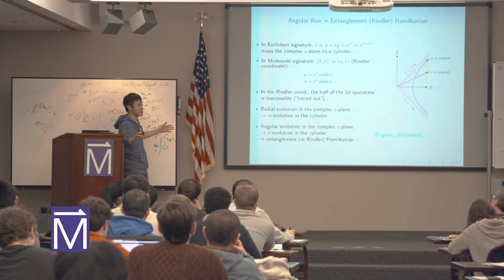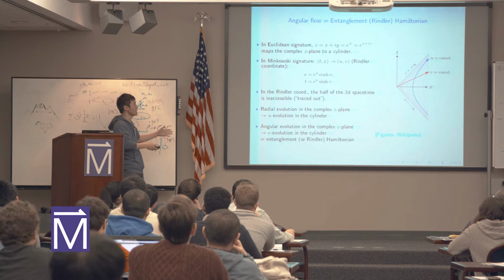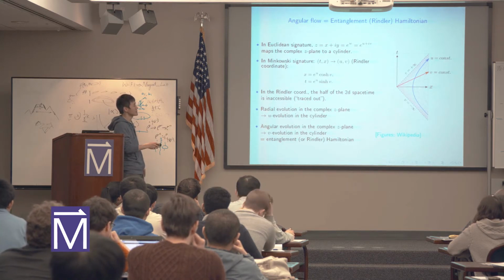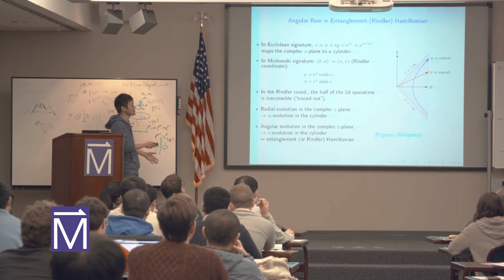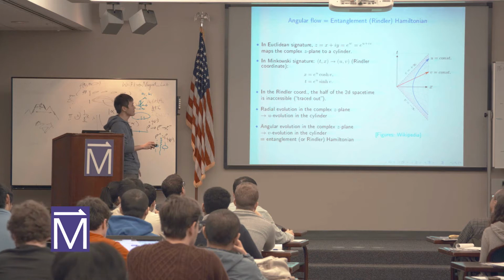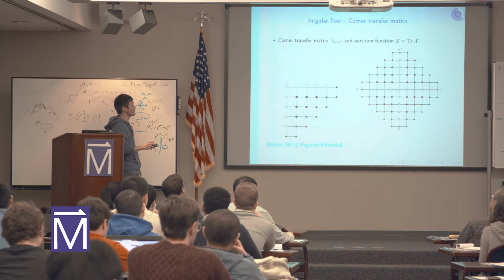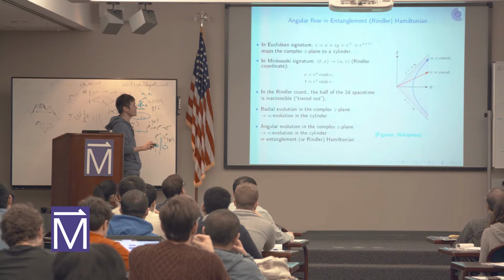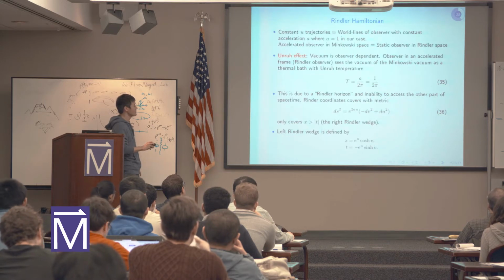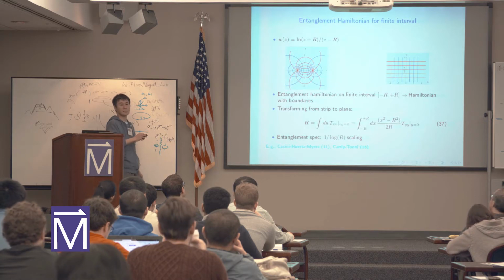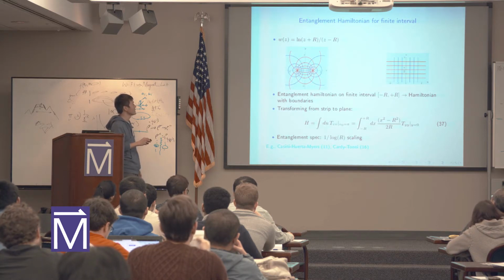The original space is infinite, and I make a partition such that subsystem L or subsystem R or subsystem A is semi-infinite. But how about if I have a subregion which is finite? To discuss that situation, we slightly modify the previous conformal map.